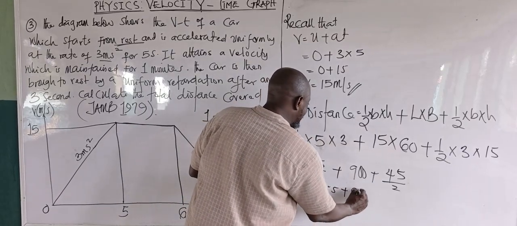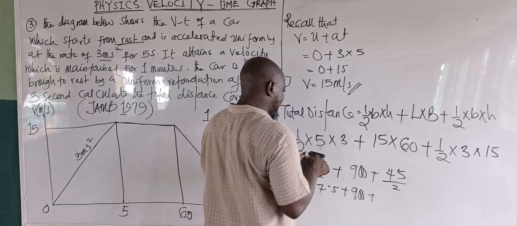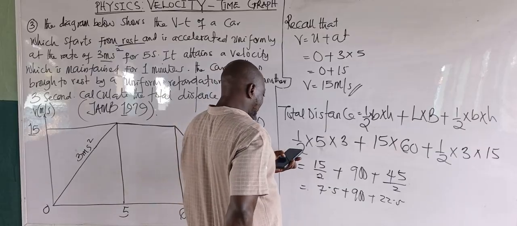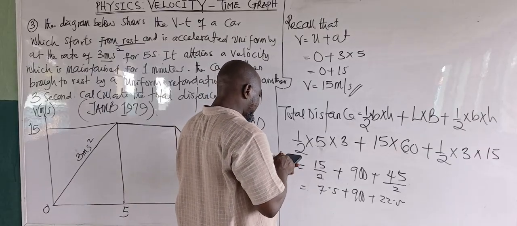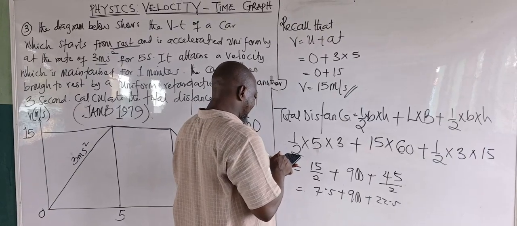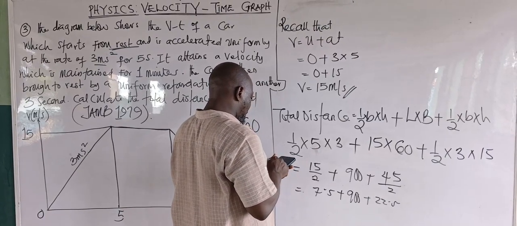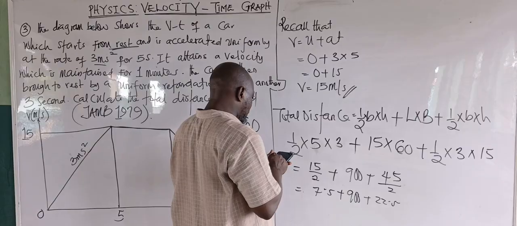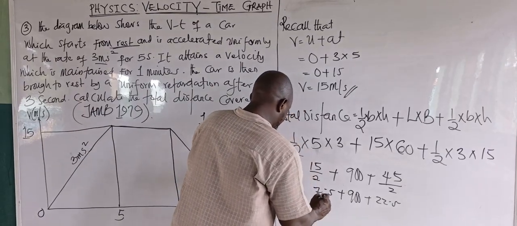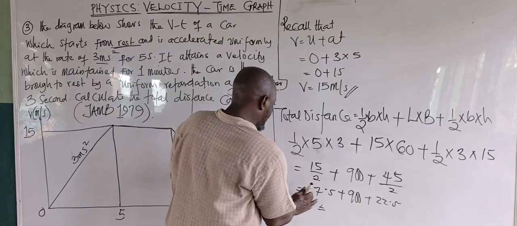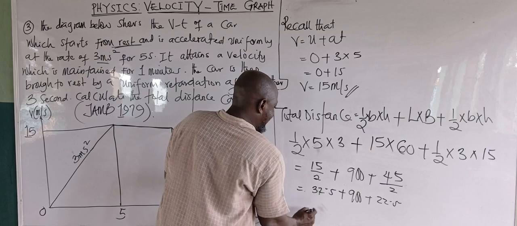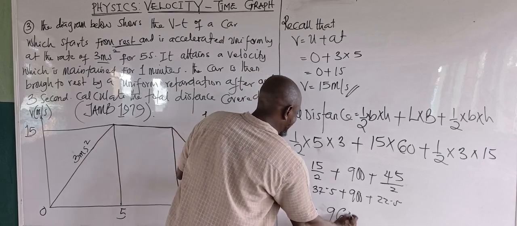This is 900 plus, let's also not waste time, this will give us 22.5. So add them up all together: 900 plus 22.5 plus 7.5. Oh, sorry, this one is 37.5, please. So it's giving me 960.